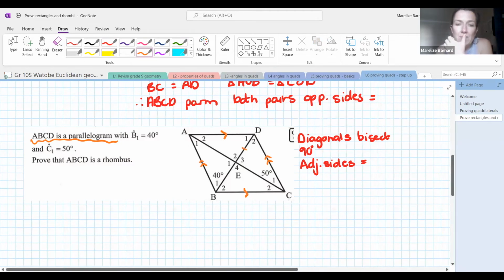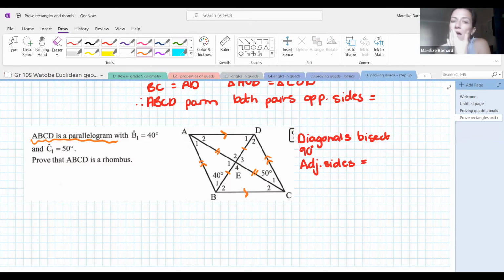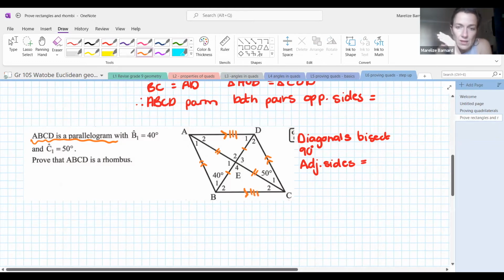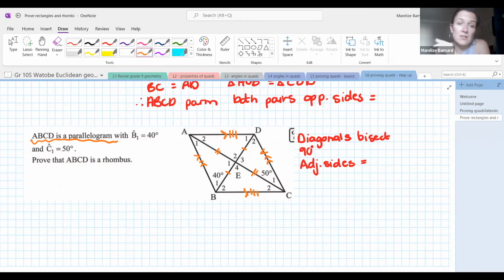The diagonals bisect. And the opposite sides are equal. 1, 2, 3. So now your picture looks a whole lot different because now you've got some stuff to work with. If you had just left it blank, this is not going to work out so well.